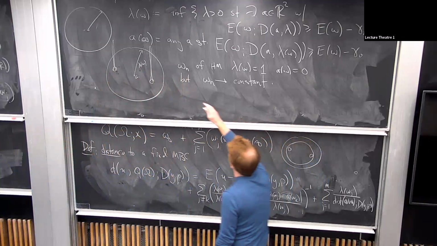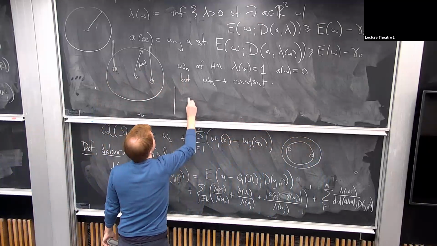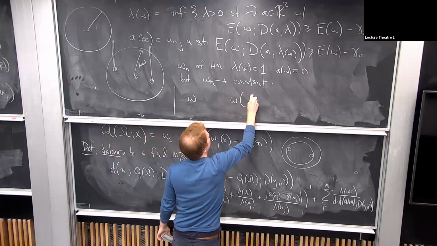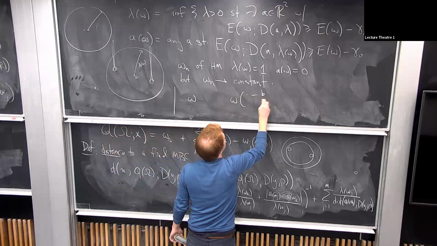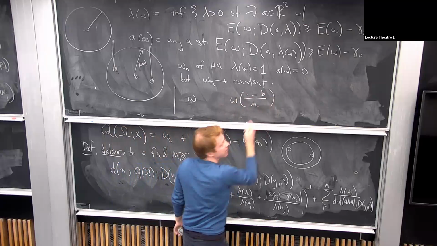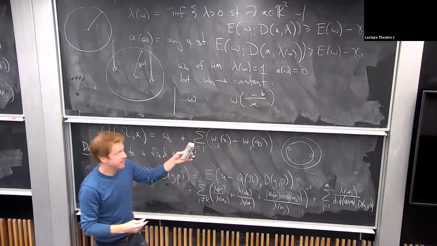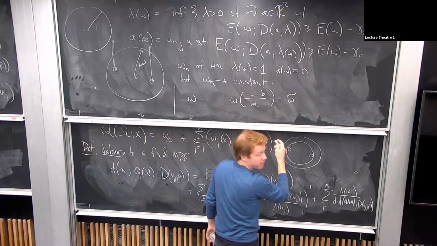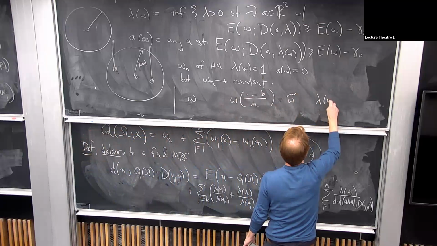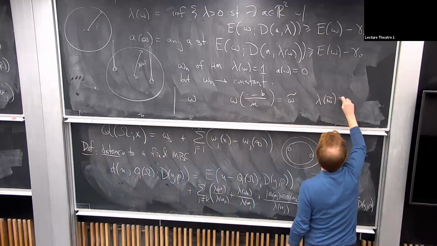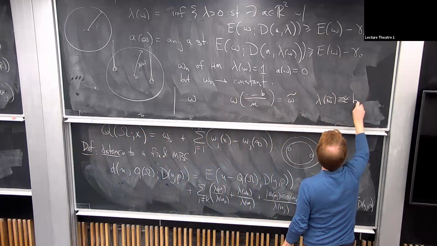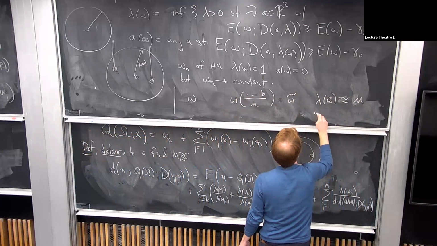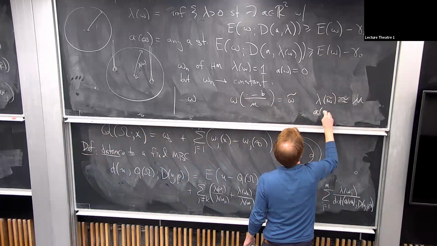If I take a harmonic map omega and I translate and rescale it, minus b divided by mu, like this, and I call this omega twiddle, then the scale of omega twiddle is roughly mu, and the center of omega twiddle is roughly b.